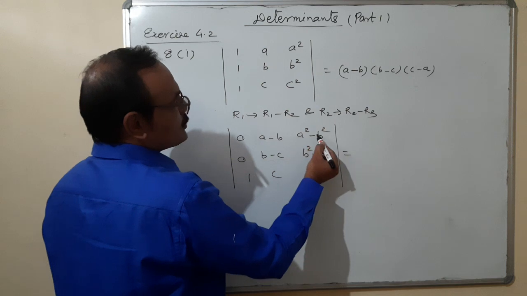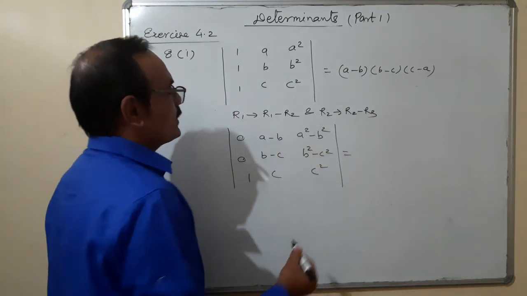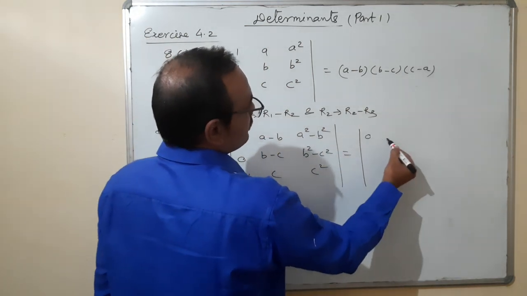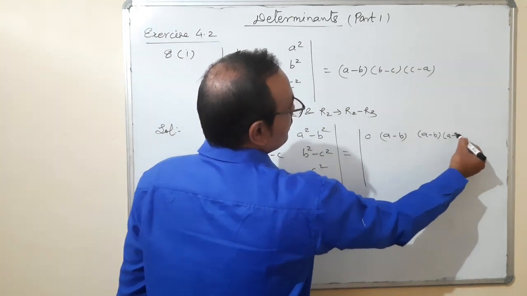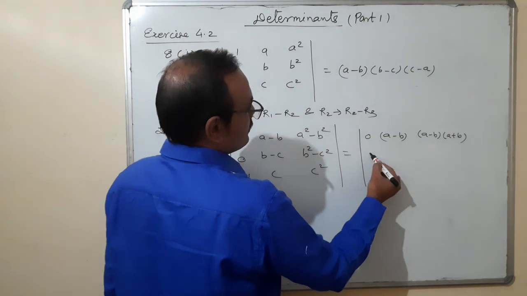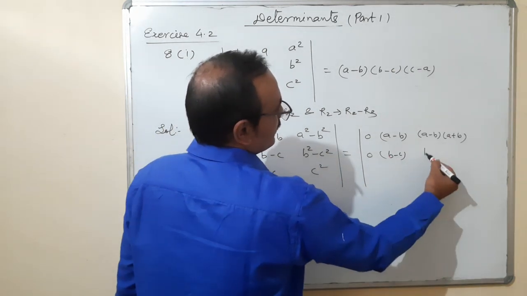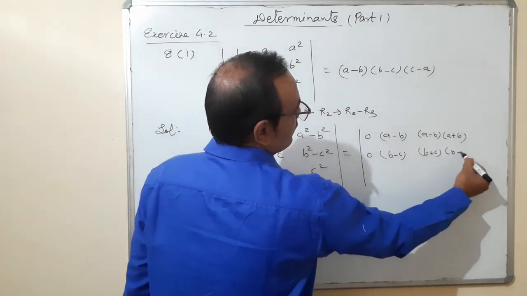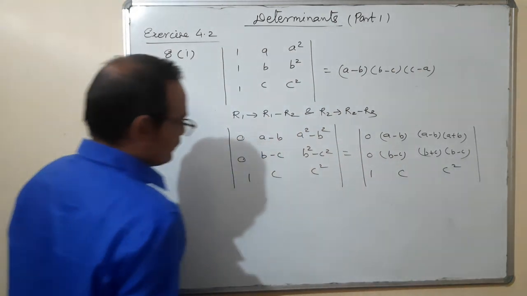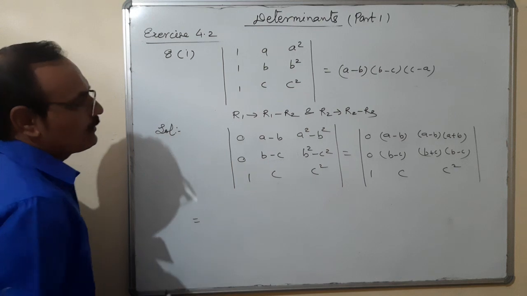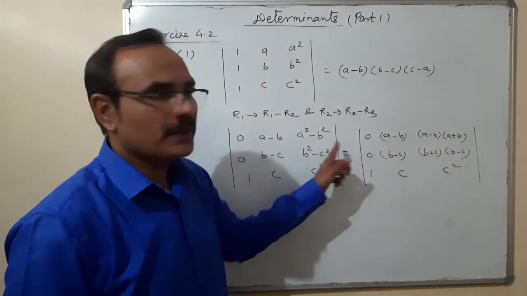A square minus B square is (A minus B)(A plus B), so we write 0, A minus B, A minus B times A plus B. Here it is 0, B minus C, B plus C times B minus C. Then 1, C, C square. From the first row, we take A minus B common.